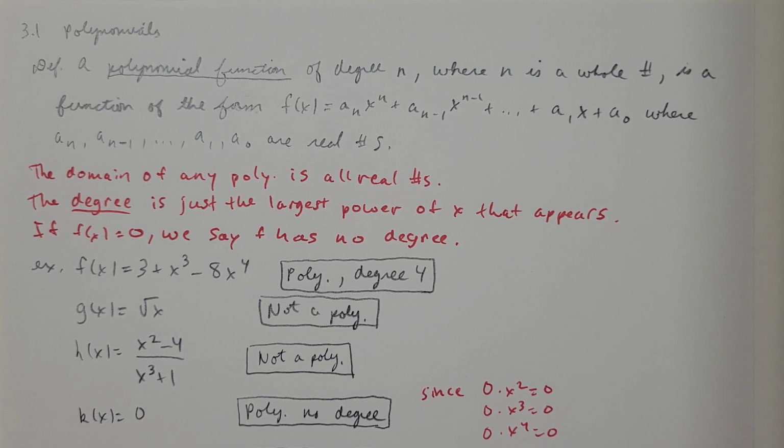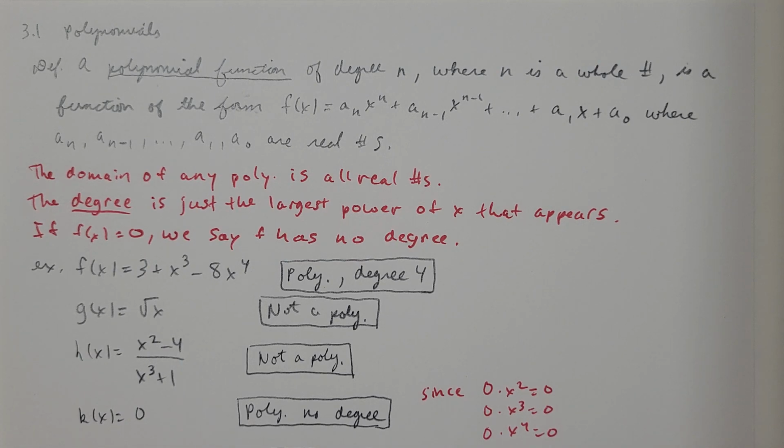Okay, when we're looking for a polynomial, I need to be adding up a bunch of things here, so that's what I'm doing. Now there's two things that I need to be looking for if I'm in that form. The first thing is every single coefficient in front of x has to be a real number. Okay, so 3, 1, and negative 8, those are real numbers.